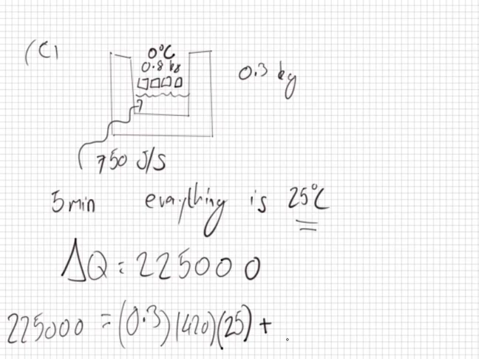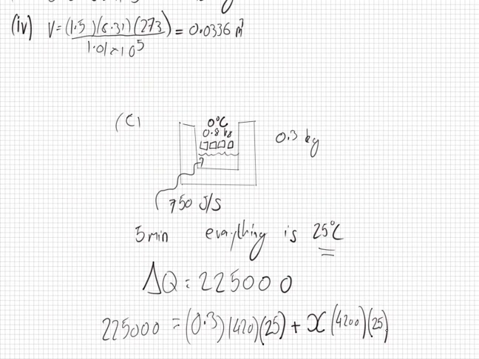We don't know, so let me call it just X. M, C, and the delta T, which is 25. We can leave it like this, in Celsius.